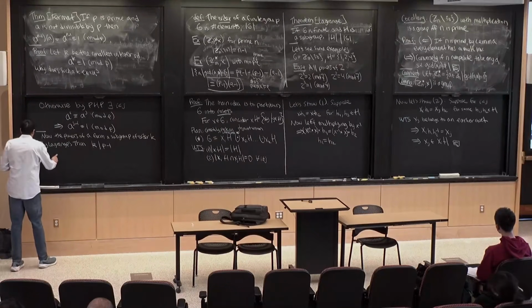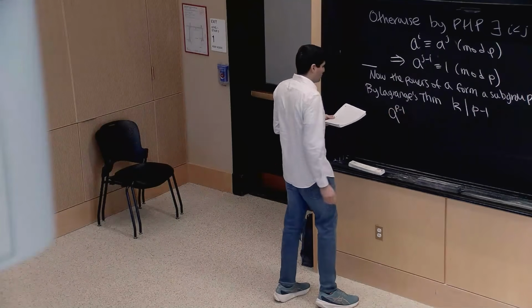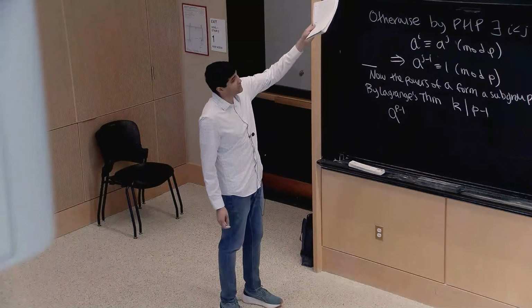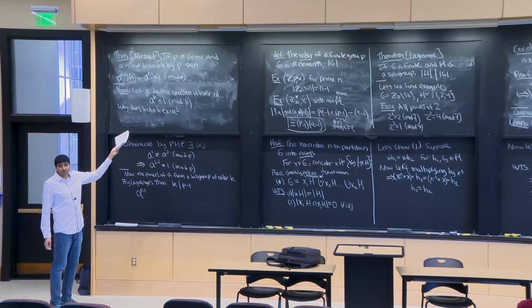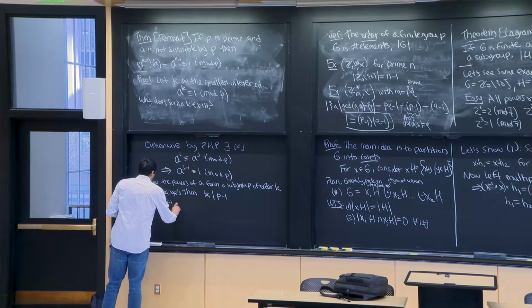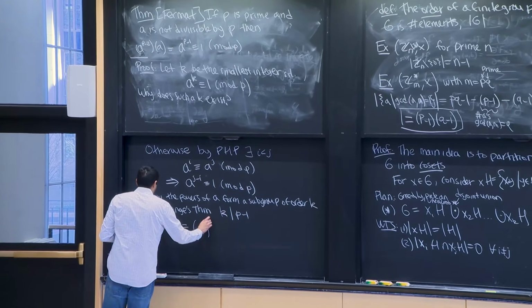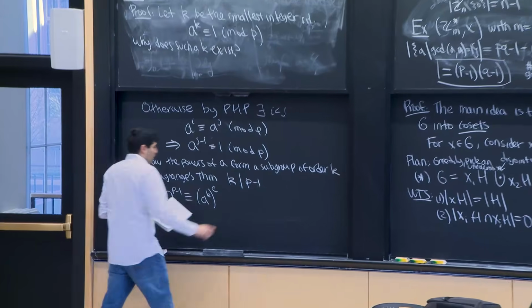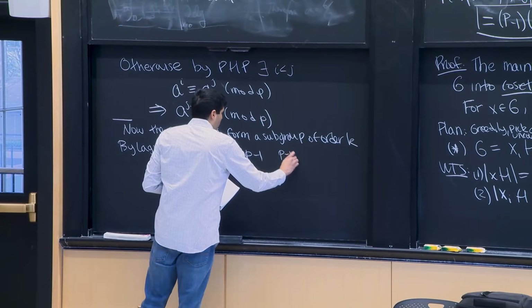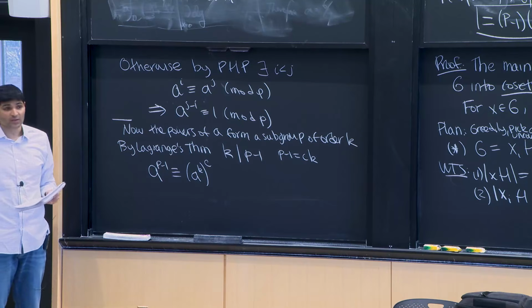So now we're golden, because a to the p minus 1, that's the thing we want to show is congruent to 1 mod p. And what are we going to do? We're just going to write this as a to the k raised to the c-th power, if, for example, p minus 1 equals c times k, because k divides p minus 1.